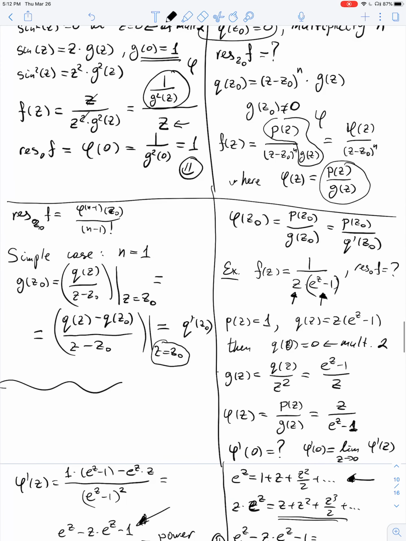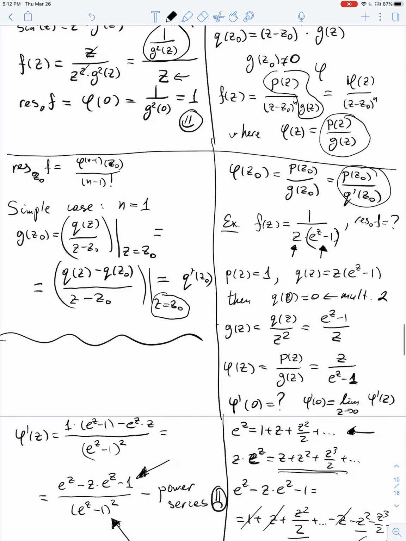Yeah, here it is. So if Q has a simple zero, then the residue is just P of z0 divided by Q prime of z0. Here it is.